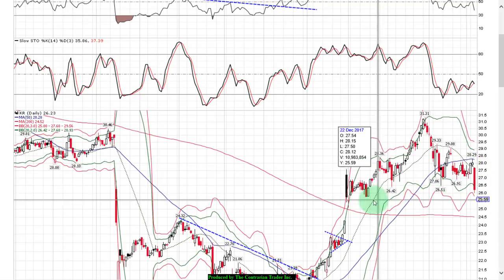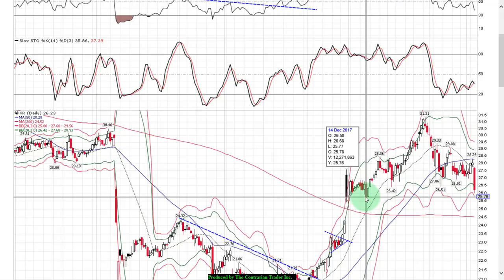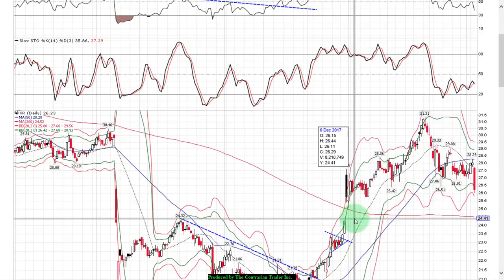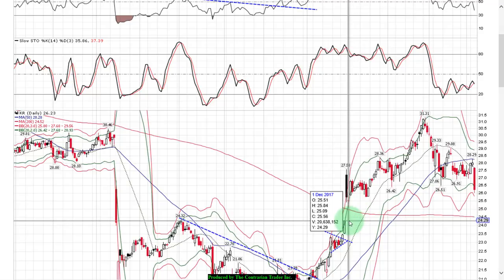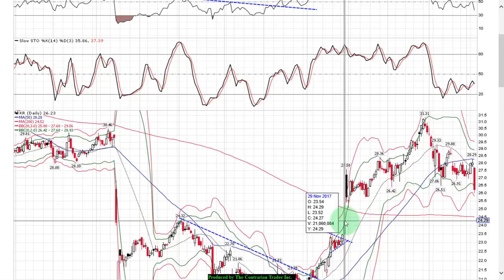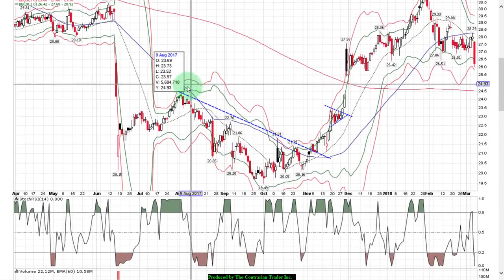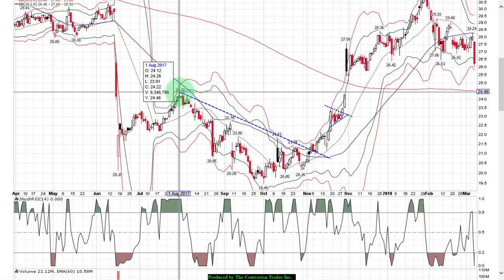I think at a bare minimum we'll retest the support level here at 25.76, and there's a very strong chance that we come all the way back down here to fill the gap at, let's call it 24.29, which would also be a retest of prior resistance going back to August of 2017.